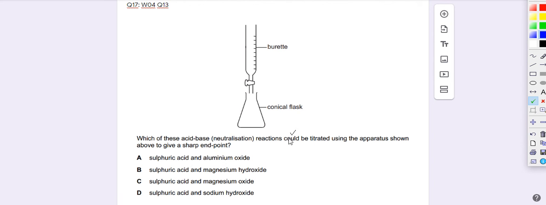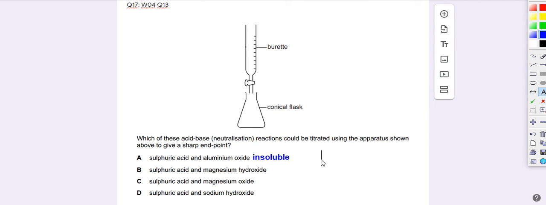Now, to use this type of setup, we need soluble acids, we need soluble bases. So, not for an insoluble base like aluminium oxide. Okay, so I'd like to make a note here. Okay, insoluble.